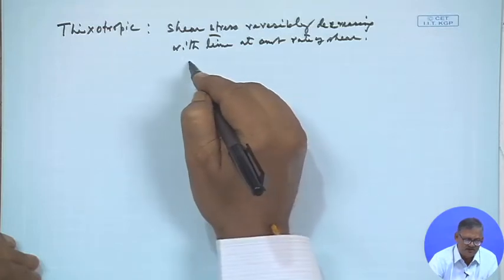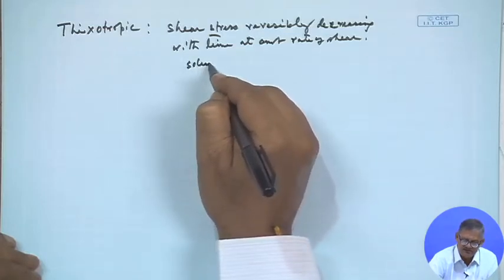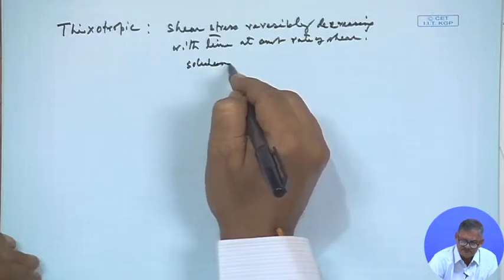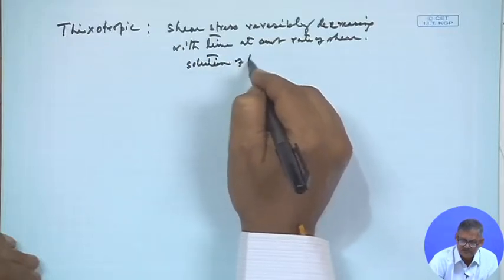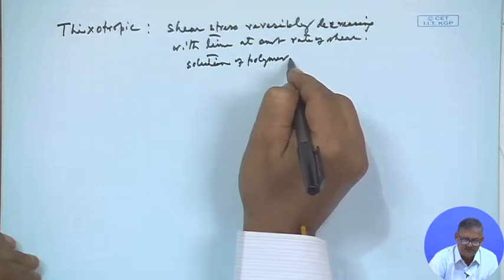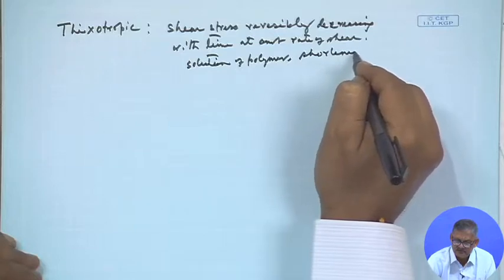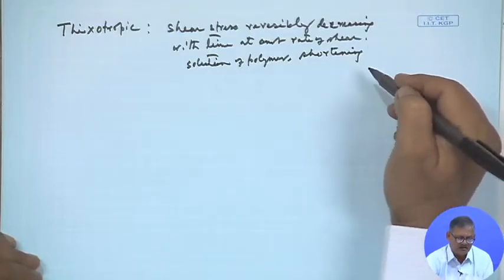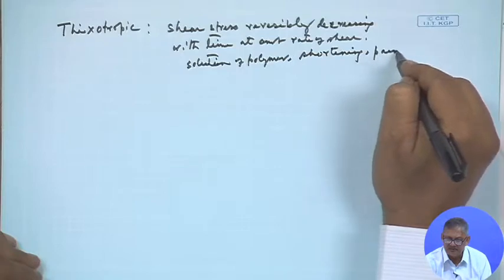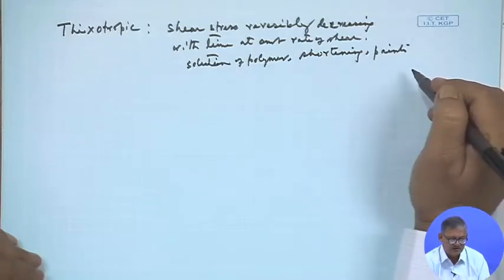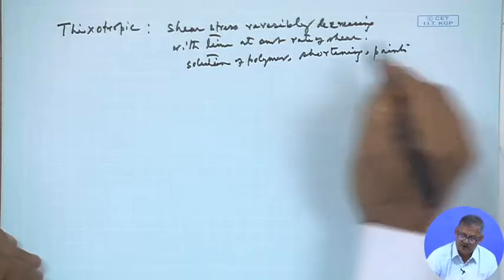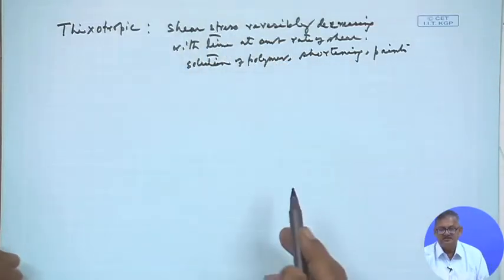Examples are some polymer solutions, some shortenings, and also maybe some paints, right. Why is it happening? That is, shear stress is reversibly decreasing with time for a given or constant shear rate.